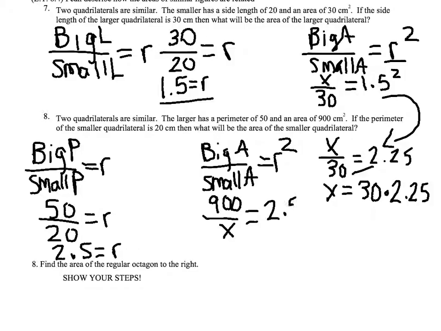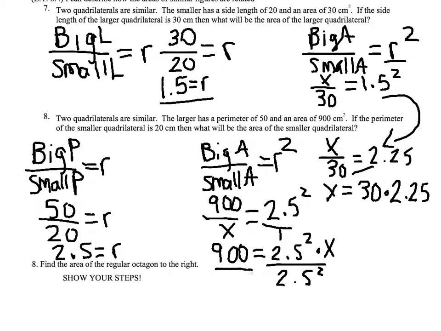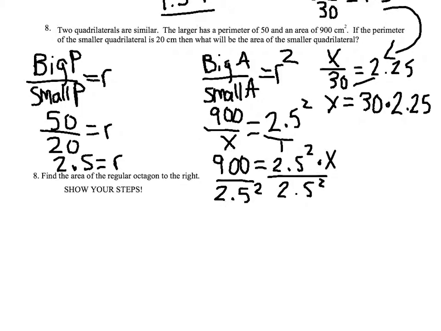Okay, what we're then going to do, and you're going to have to figure this out, you're going to cross multiply, and what you end up with is 900 equals 2.5 squared times x, and you're going to divide by 2.5 squared, and that's what x is. Okay, unfortunately my calculator is also not working, but I want to make sure this is finished, so you can just put that in your calculator.